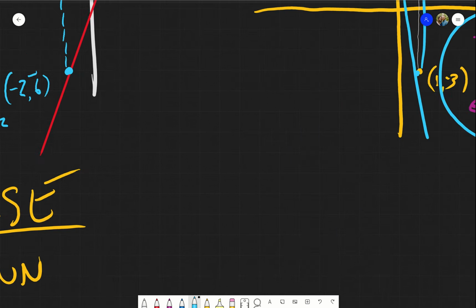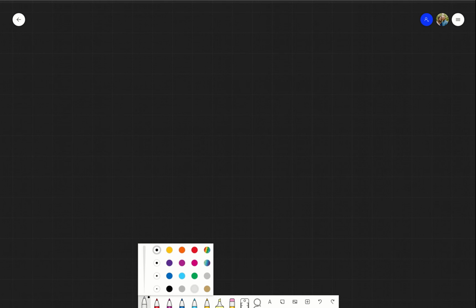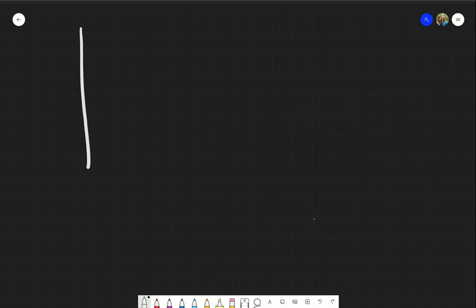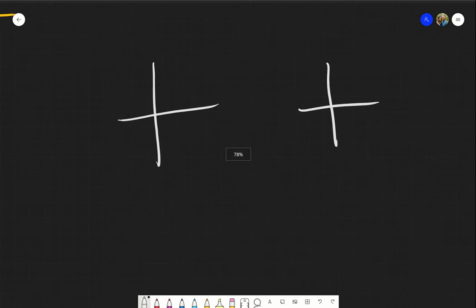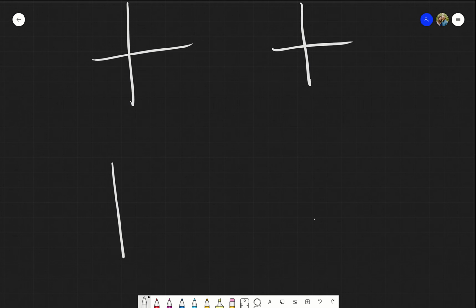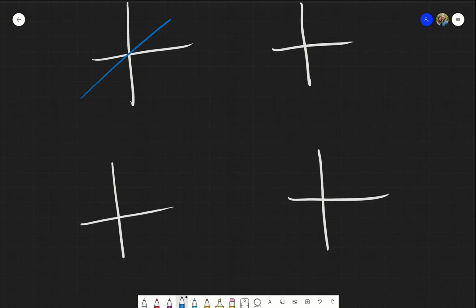All right, a couple other things I want to talk about. Let me give you some examples of different graphs. This is just a general graph that starts down and goes up like this. These are positive graphs.